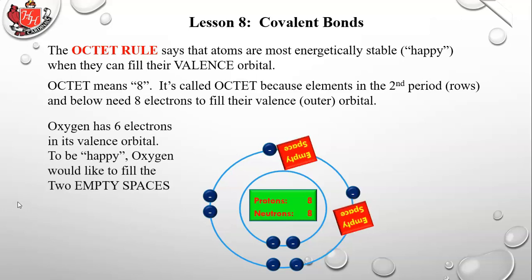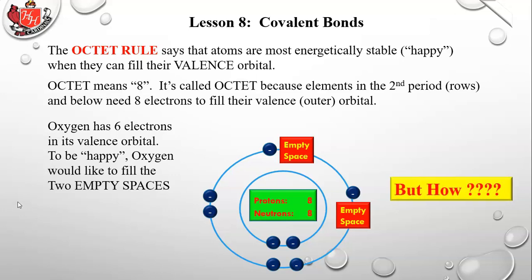So this is an oxygen atom that you're looking at right here. Oxygen has 6 electrons in its valence orbital. To be happy, oxygen would like to fill the 2 empty spaces in the valence orbital. But how does it do this? Where does it get those electrons?